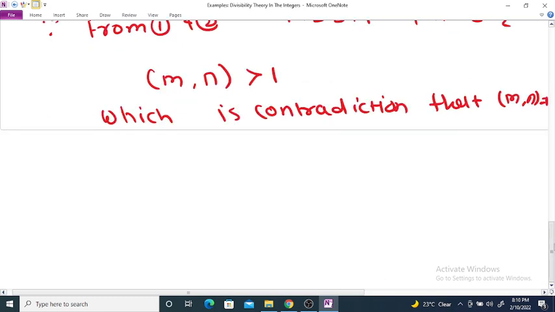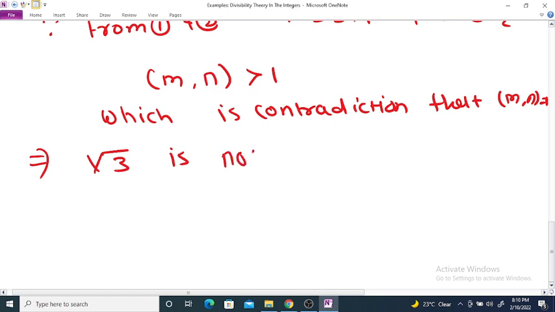Why is it a contradiction? Because we assumed here root 3 is a rational number. From this we can write root 3 is not a rational number.